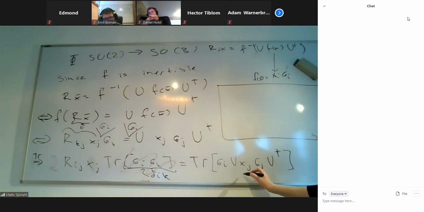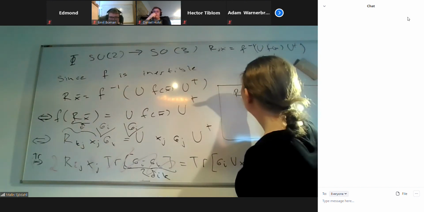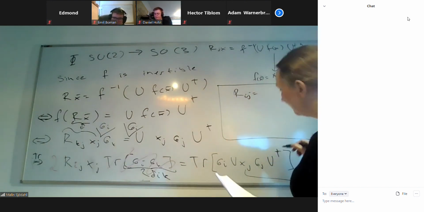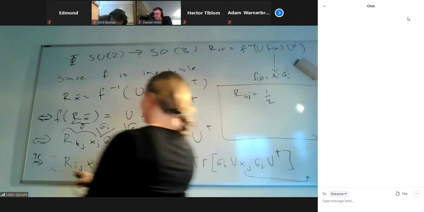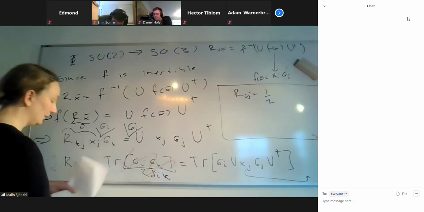So I can pull my X out again on this side as well. So this means that I divide the R I J by 2, dividing out this respective to the other side.